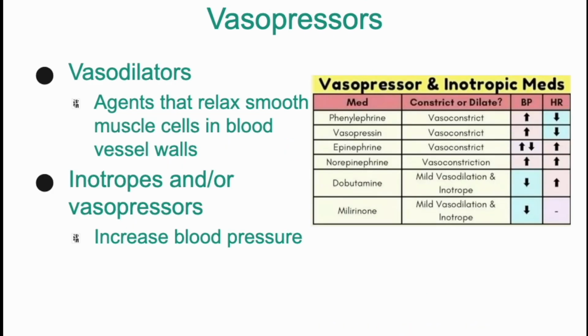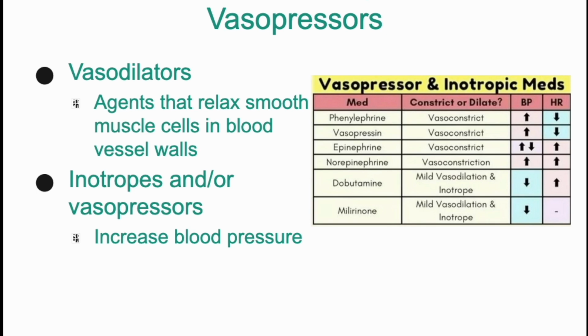We have to talk about our vasodilators, inotropes, and vasopressors. Now, dopamine and epinephrine are both classified as inotropes, which increase the strength of heart contractions. Vasopressors raise blood pressure by constricting blood vessels.